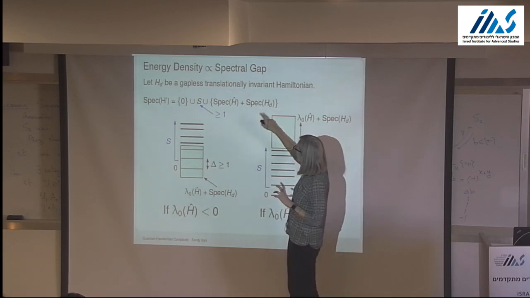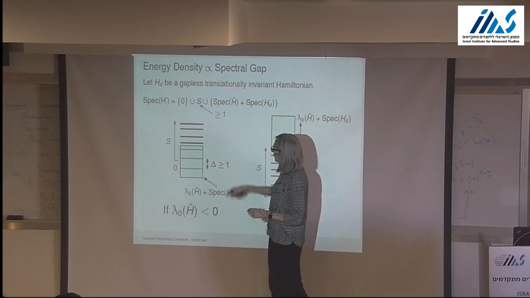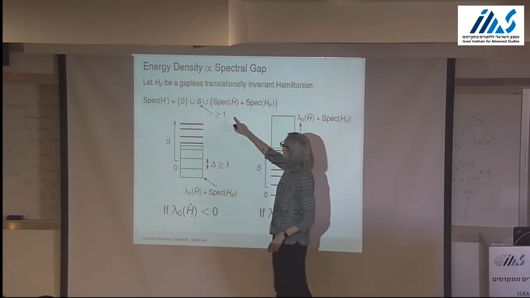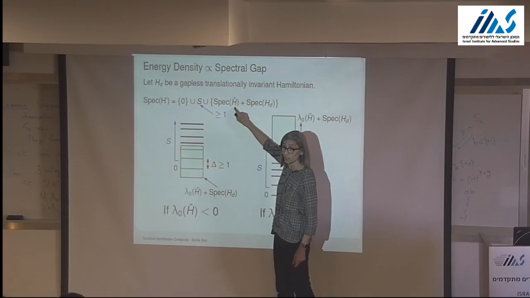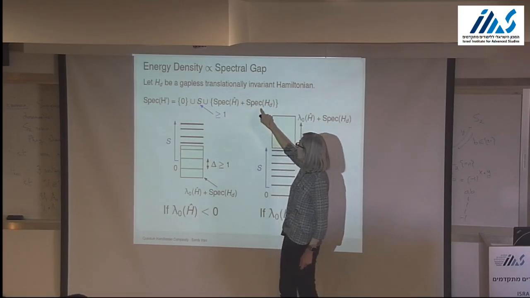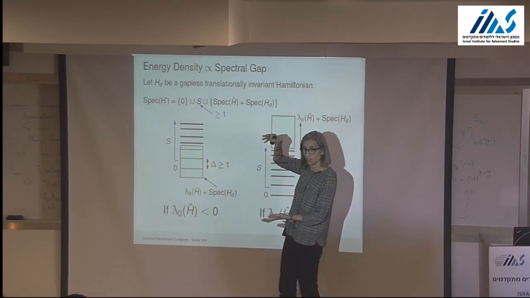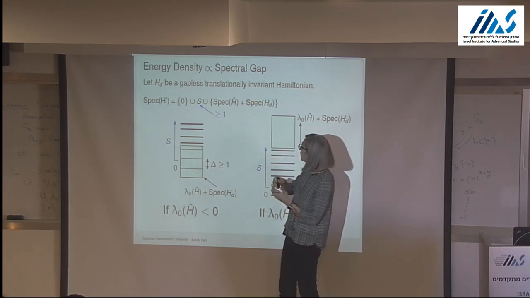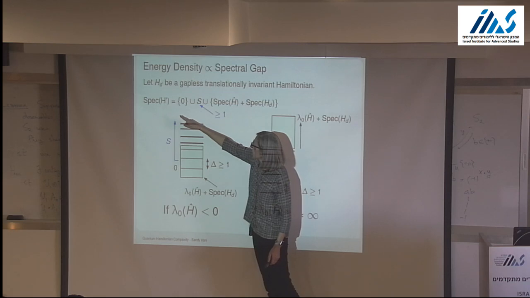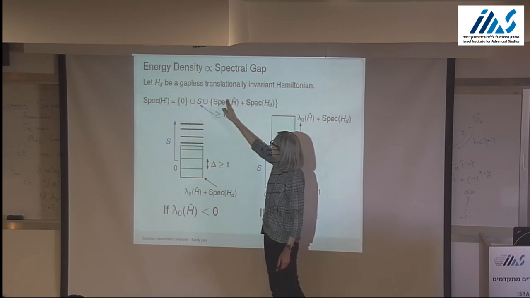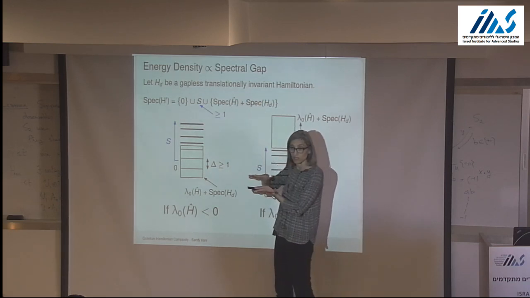And they engineer the spectrum so that the spectrum of my big system is the spectrum of the one I'm wondering about, the energy density, plus this continuous energy spectrum, okay? So the idea is that an energy eigenvalue for this is taken by taking one from here and one from here and putting them together, okay?